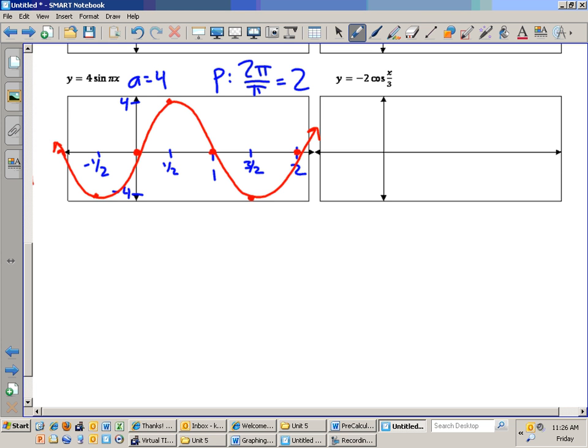And there's my graph. Looks pretty good. Any questions on this third graph?